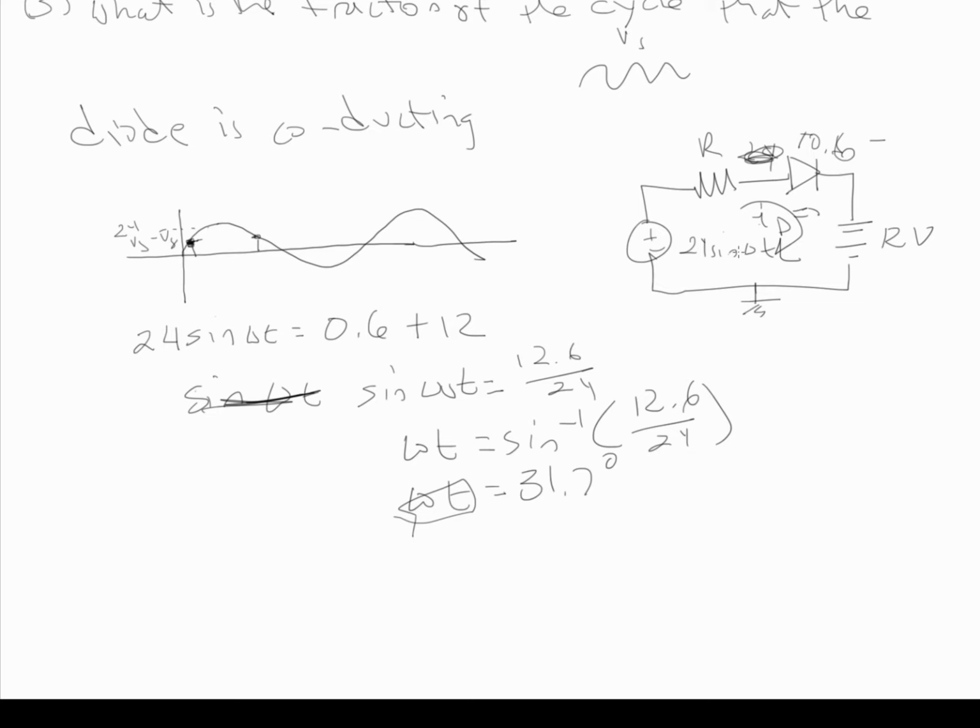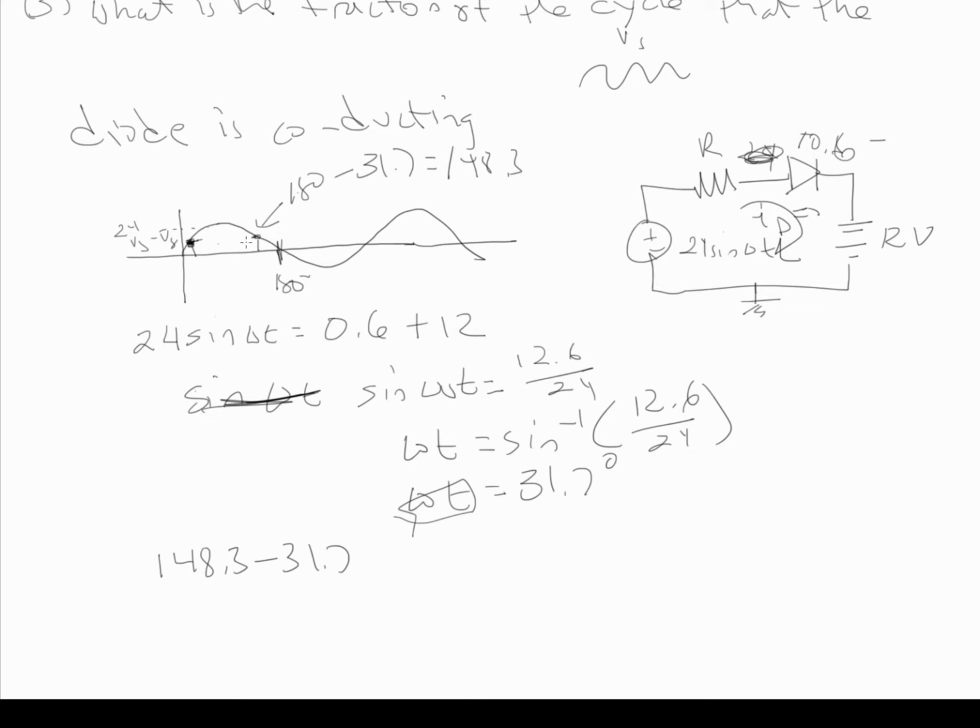And so I've just done KVL at this point where it's right at the border, where it's not quite conducting, but any more than that, it's going to be conducting. And then just by symmetry, this point's going to be 180 minus 31.7, which equals 148.3. And so the time that it's actually conducting is the 148.3 minus the 31.7.